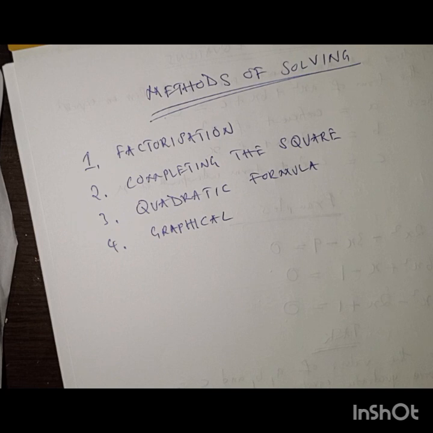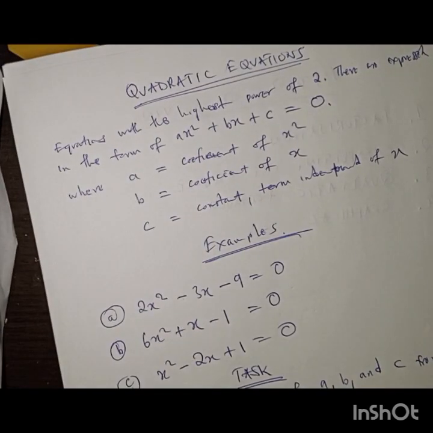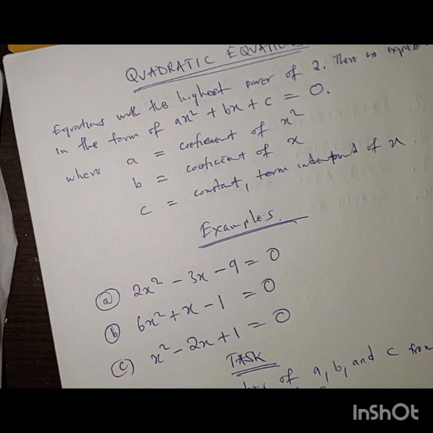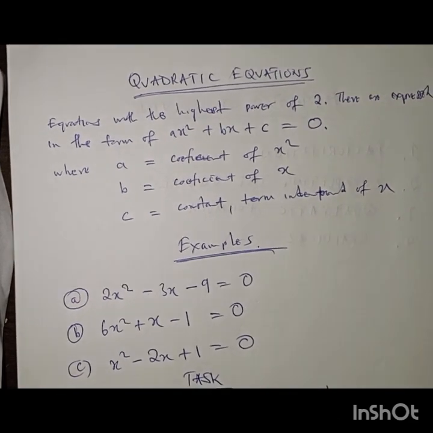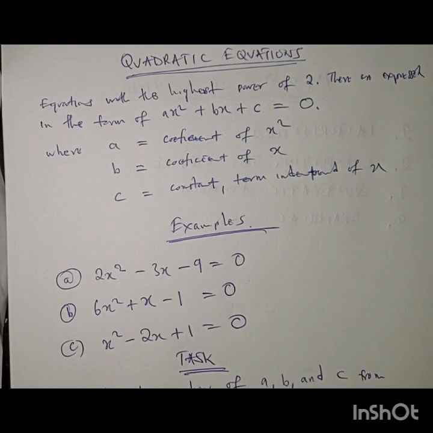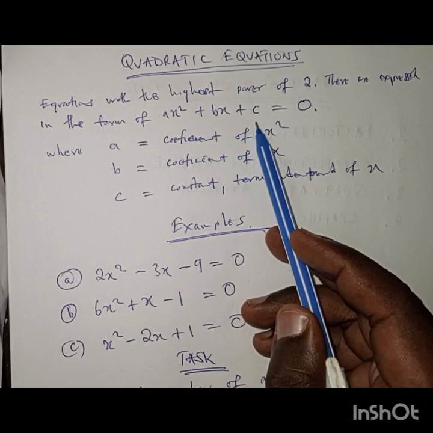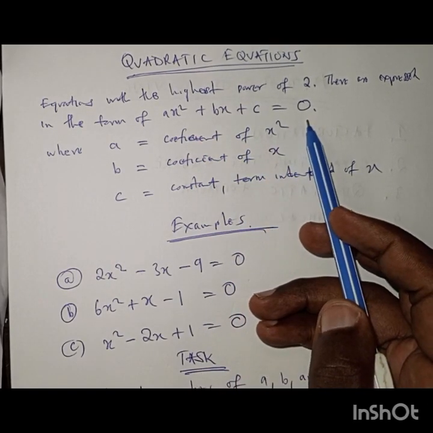So just to do a recap, I said quadratic equations. These are equations with the highest power of 2. So in an equation, there is the highest power of 2, and these equations are expressed in the form of ax squared plus bx plus c is equal to 0.